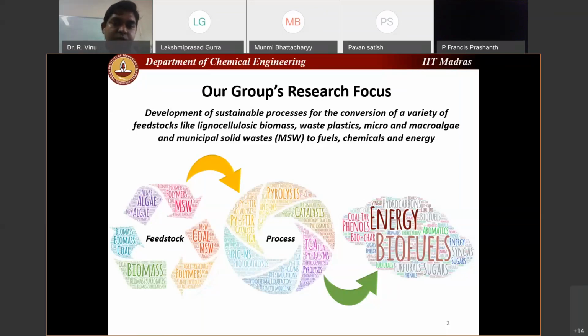And we work on a wide variety of processes, as I said, thermochemical processes, including pyrolysis, gasification, combustion, and hydrothermal liquefaction. We employ a wide variety of tools, including analytical pyrolysis GCMS, analytical pyrolysis FTIR, TGA, and a host of other catalysis techniques to probe the reactions, both for a fundamental understanding as well as for application-oriented research.